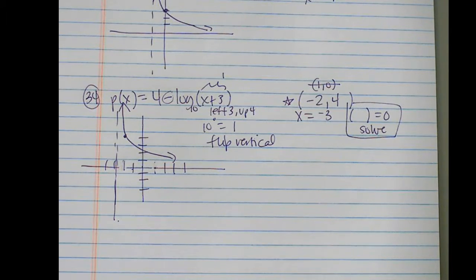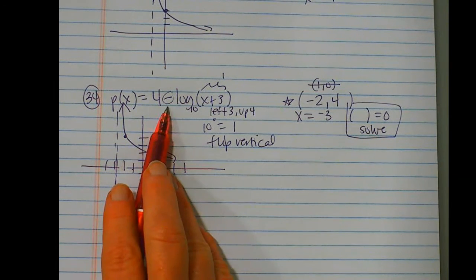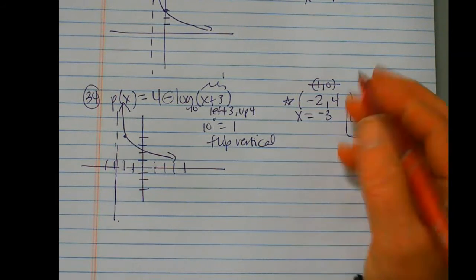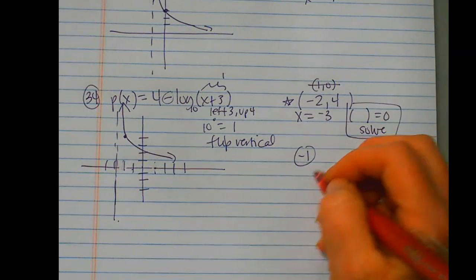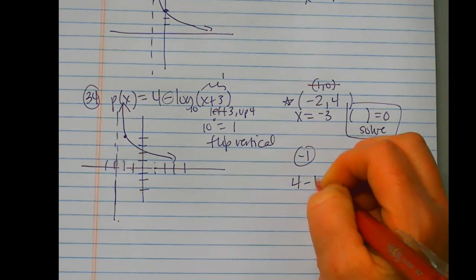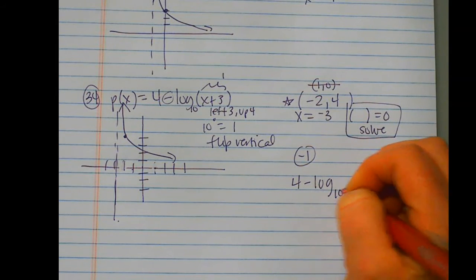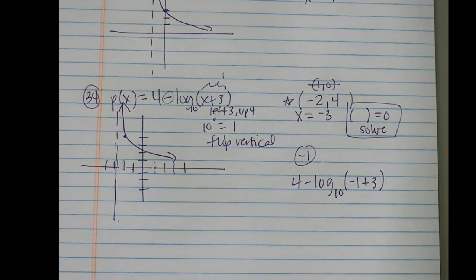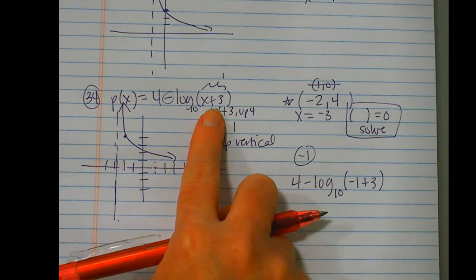Say again? This negative. So let's try a point. If we know that the starting point is negative 2, let's try negative 1. So that would be 4 minus log base 10. Negative 1 is going to be hard. So we're not going to be able to figure that out really well. Let's try something else. Remember how we thought about this smart like?